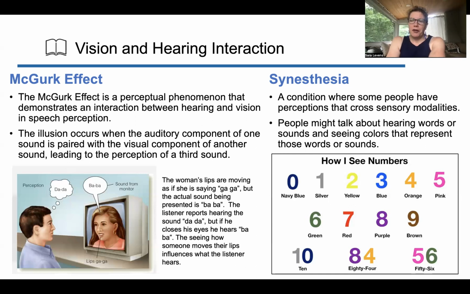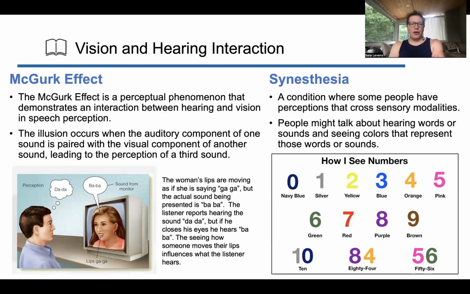And so the McGurk effect is basically, okay, you have this lip movement, and we know that these tend to correspond to certain sound productions. Ga ga ga, ba ba ba, da da da. You have different ways of pronouncing each of those, which is what's used in this example.